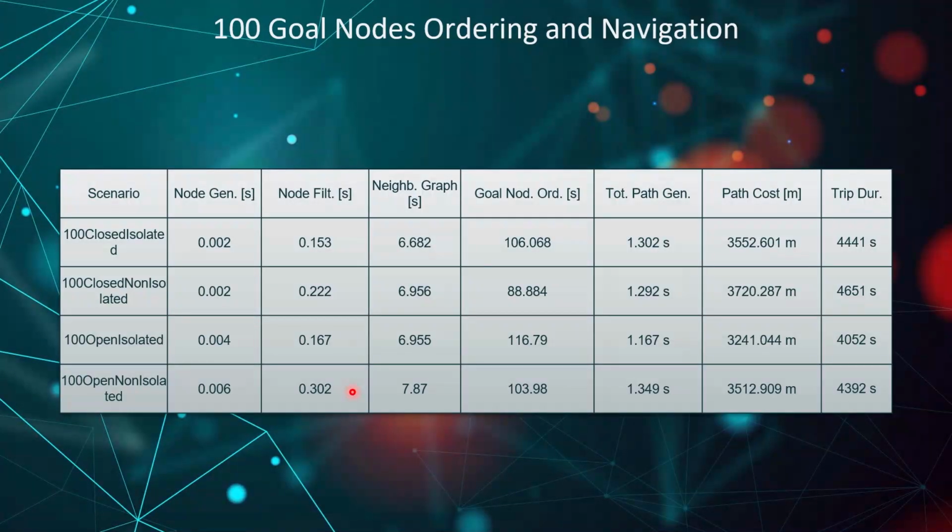Here we have a very brief table that shows the quantitative features of the processes needed to order the goal nodes. For example, for 100 goal nodes, the algorithm took almost 106 seconds when the path was closed, for the isolated one. For the non-isolated one, it took less time.